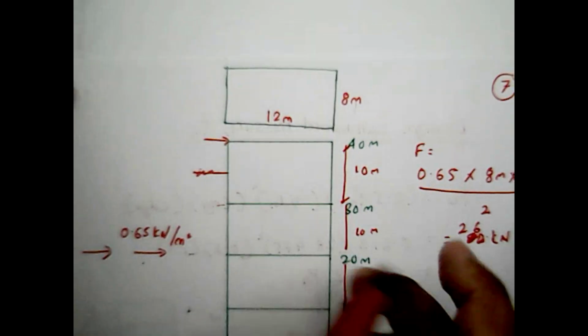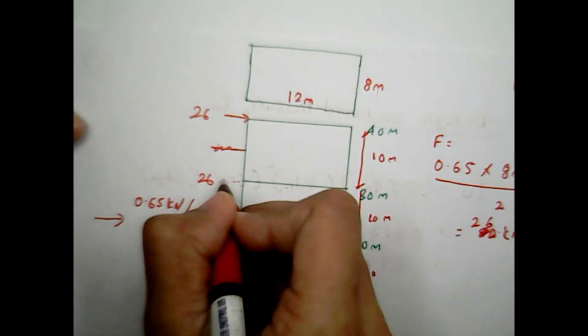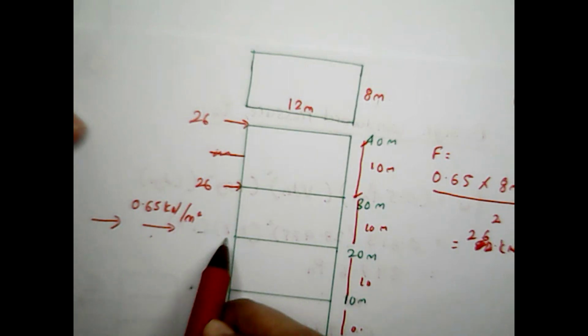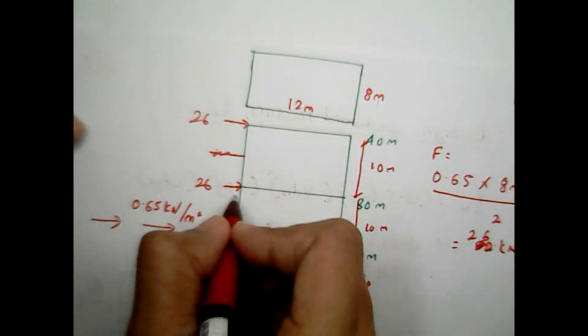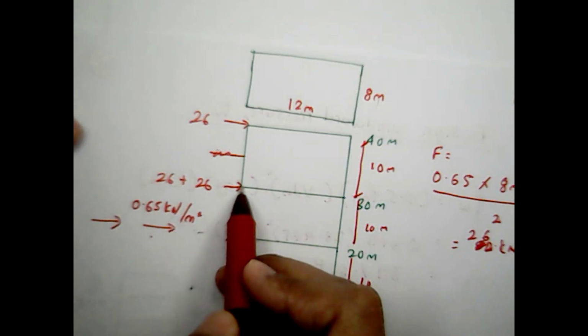So 26 kilonewton means 26 kilonewtons up there and 26 kilonewton down there. So the same thing when you apply here for this level. When you apply for this level, you need to add up another 26 because they are sharing forces here.